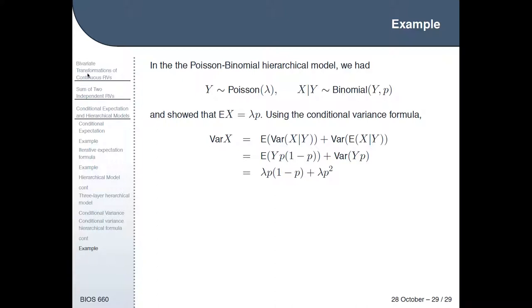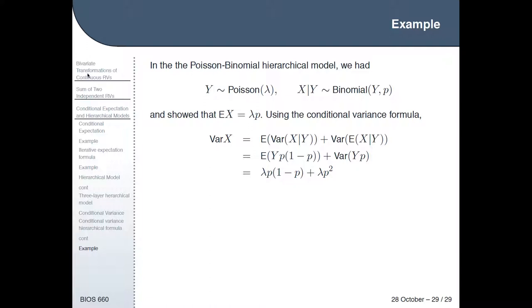And now Y is just a Poisson, and we know that both its expected value and its variance are equal to lambda. p is constant, so we can pull it outside the expectation sign. We end up with p times (1 minus p) times the expected value of Y, which is lambda. So in other words, lambda times p times (1 minus p), plus the variance of Y.